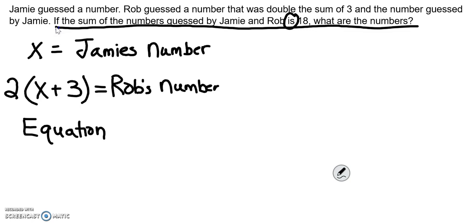What's Jamie's number? X. And what do I need to add it to? I need to add Jamie's to Rob's. So this is Jamie's. And now I need to write Rob's number. How do I write Rob's number mathematically?